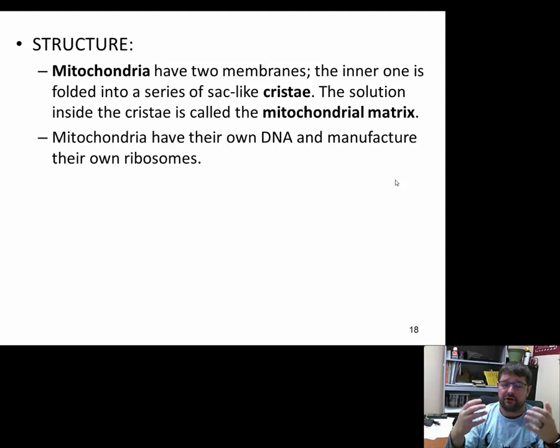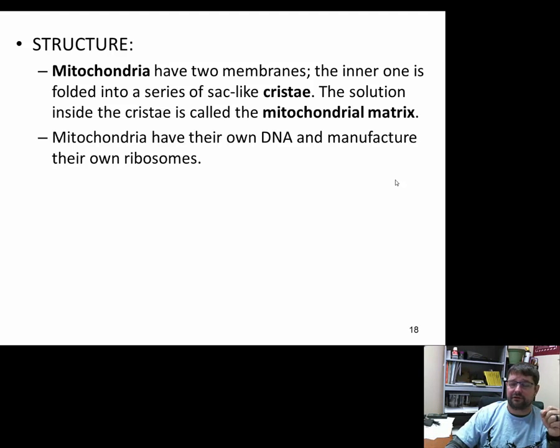ATP is adenosine triphosphate. So an adenine molecule, just like in DNA, with 3 phosphate groups hanging off of it. Now, that is important because that is the currency, that is the energy for your cells. And so this is where that's constructed.